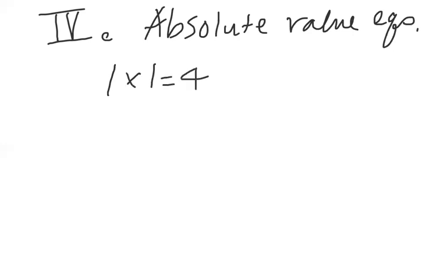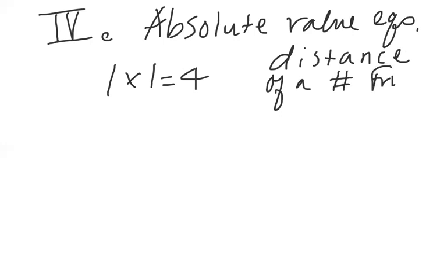You know what? Let me back up a little bit. Let me try and say this first. When we talk about the absolute value, guys, we're looking at the distance. We're calculating the distance of a number from 0 on the number line.